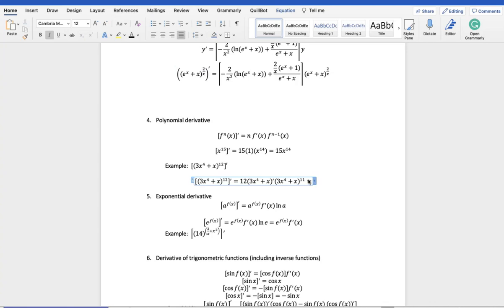And this can be simplified as 12 multiplied by this derivative, and the derivative of 3 times x to the 4 is just equal to 3 times the 4, which is the exponent, so 12, multiplied by x to the 4 minus 1, which is x cubed.